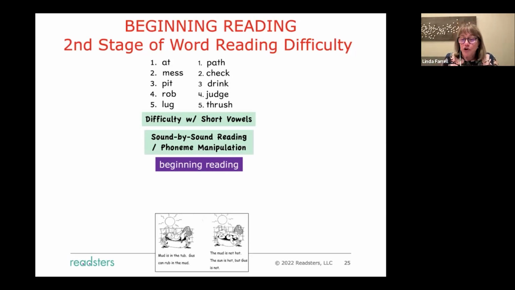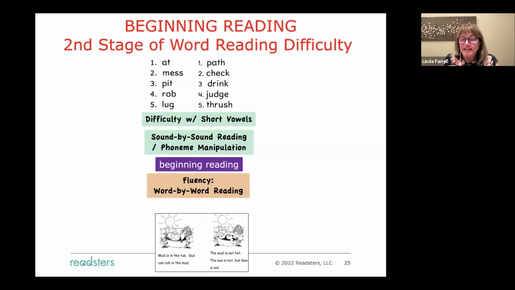This is also if students are reading sound by sound, they have phoneme manipulation problems. We're going to look at that later. Right now, you're all going to go, what is it? What are you talking about? I'll get there. So you don't even have to ask a question about that. So that's what beginning reading is.